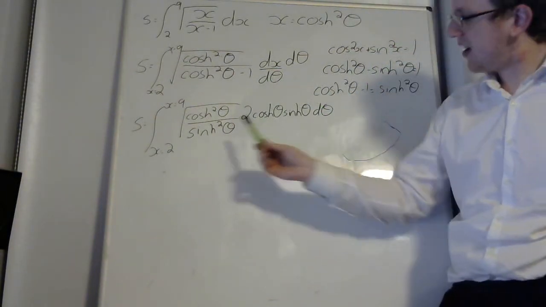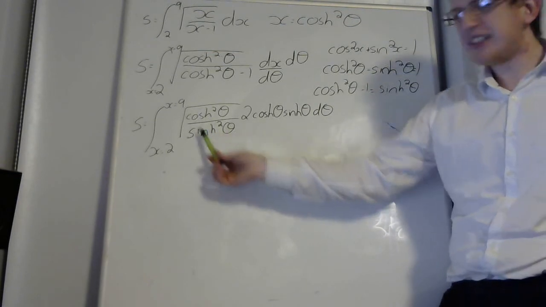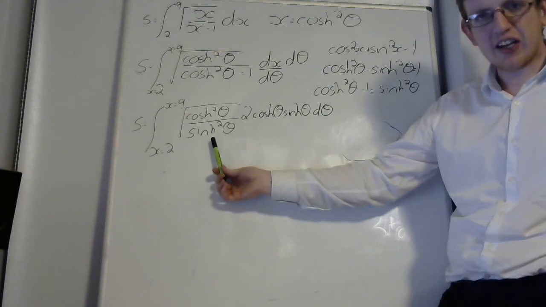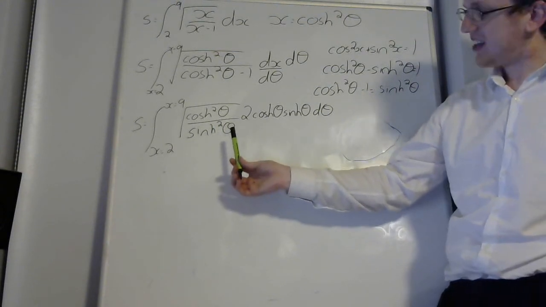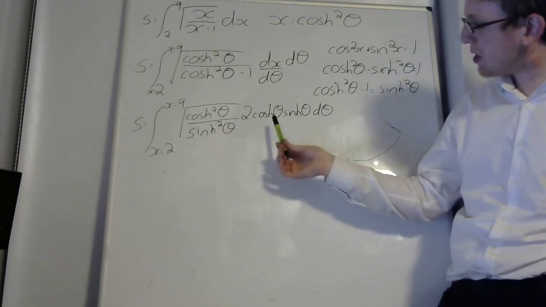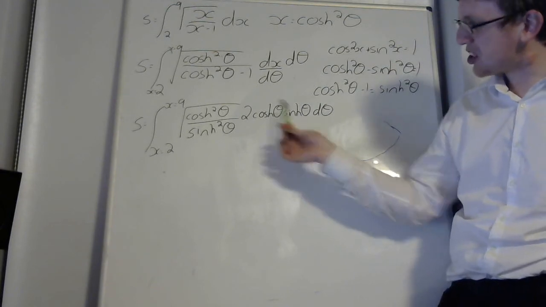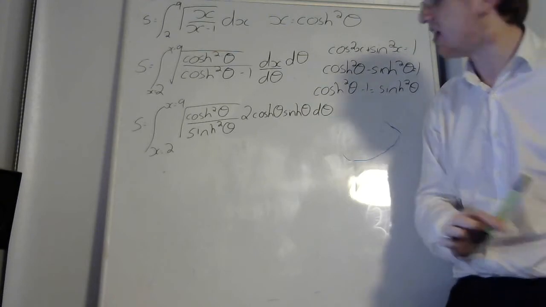Right. I've got a squared and I've got a squared. I could make this into cot squared theta. Cos over sine, I can't make it into cot. I can make it into cot squared theta and then do the square root on that. But because there's cos here and because there's sine here, I think this sine is going to cancel out with this sine. So I kind of want to keep it as cos and sine at the moment.